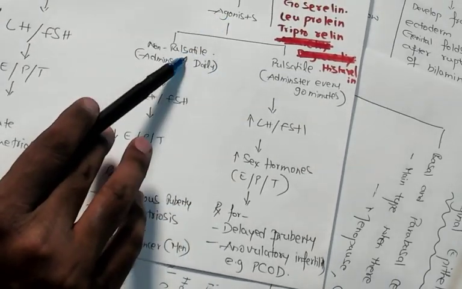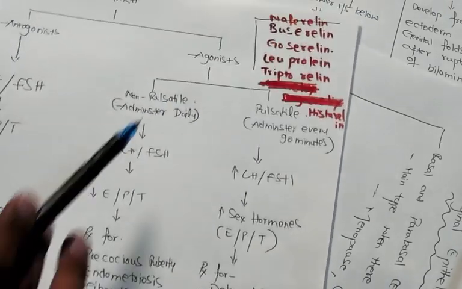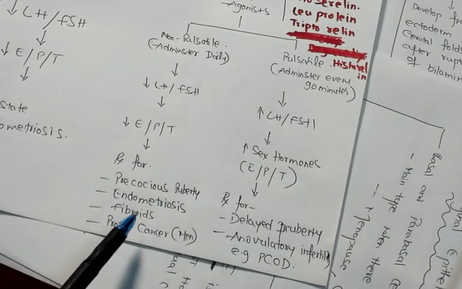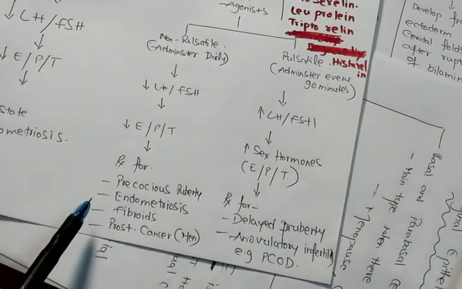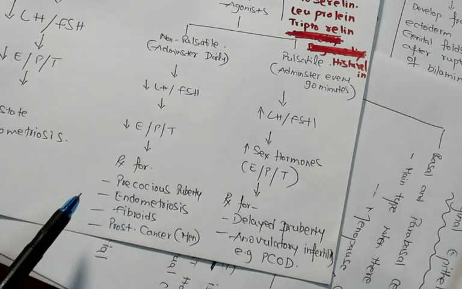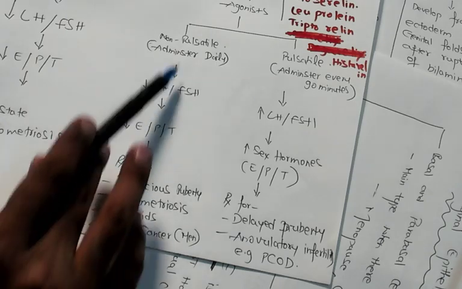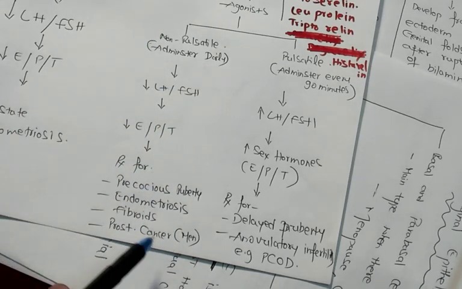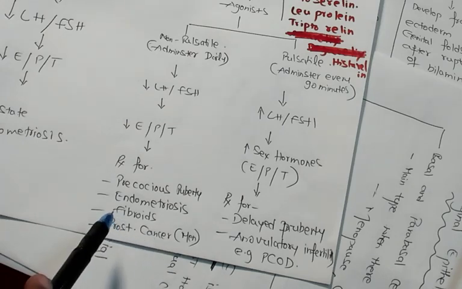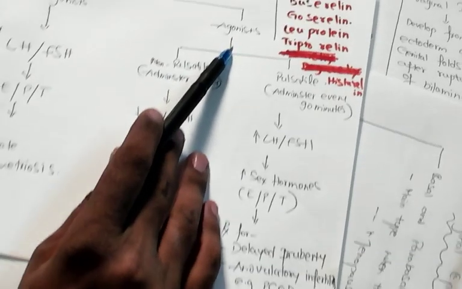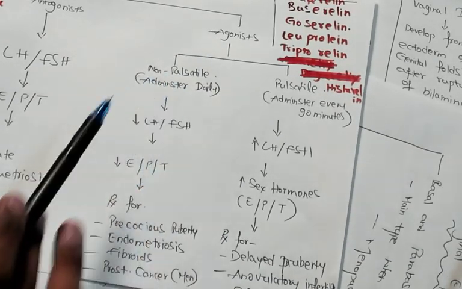Give the GnRH agonist in a non-pulsatile way. Then fibroids, they are also estrogen dependent growth. Try to give them in a non-pulsatile way. Similarly, in case of men, prostate cancer, it is testosterone dependent. So give GnRH agonist, but in a non-pulsatile way.